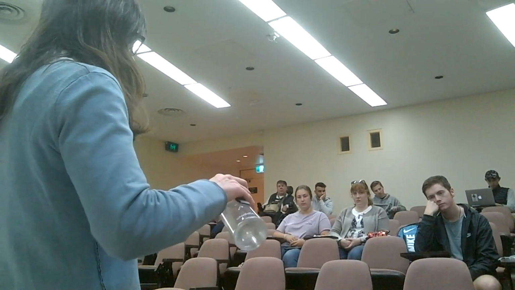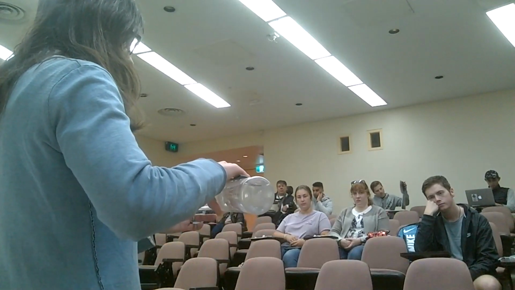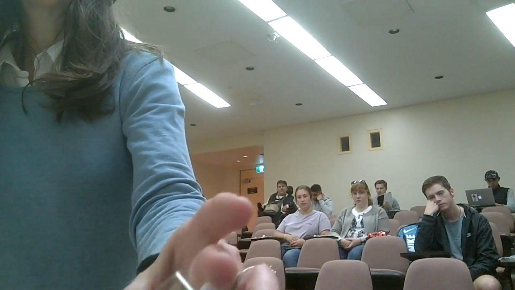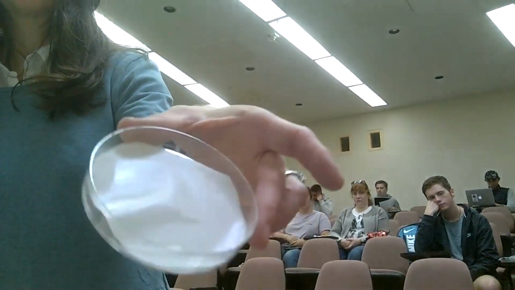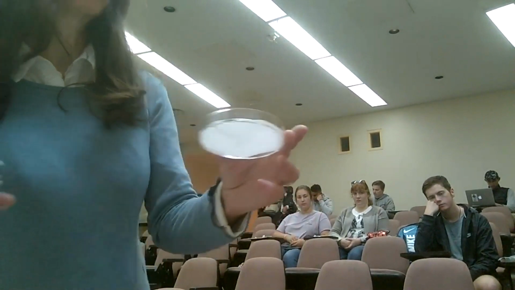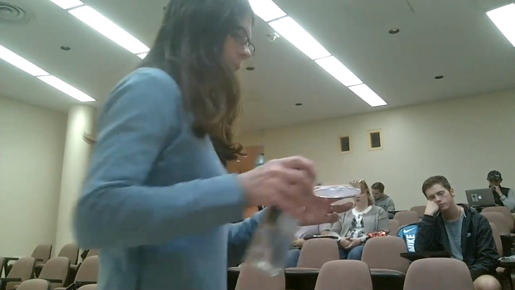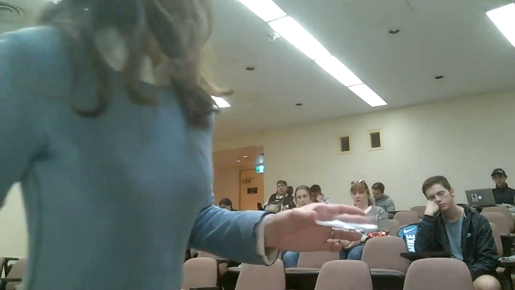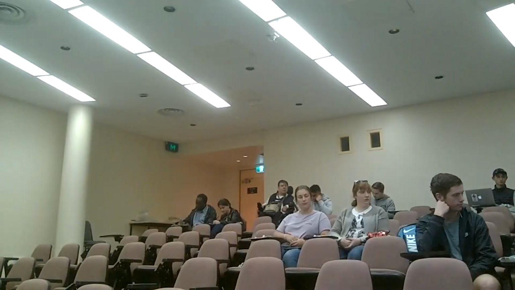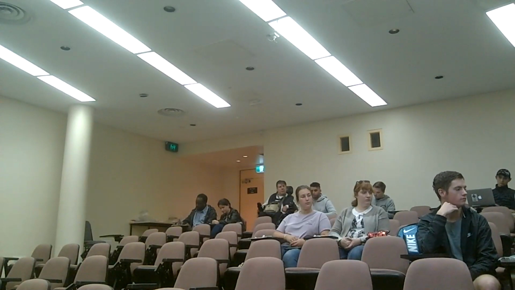So I add a couple of drops at a time. You'll see there should be enough water just for it to be moving around, but not too much so that the seeds are floating. So I'm just going to add a fraction more. I'm just going to show everybody what that looks like. So you've just got a tiny bit of water moving around.